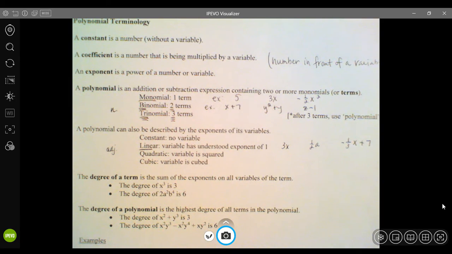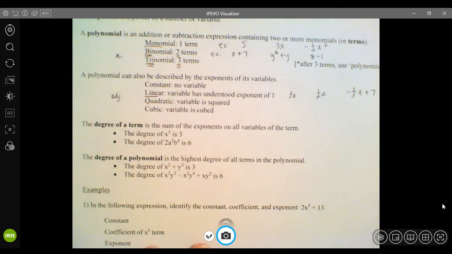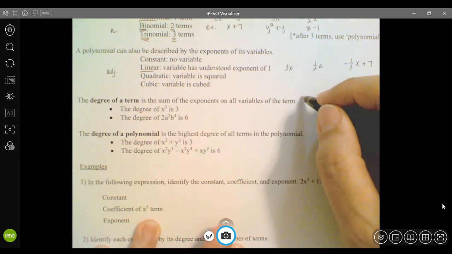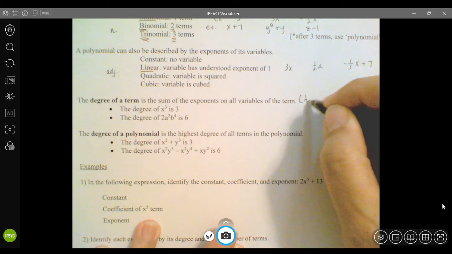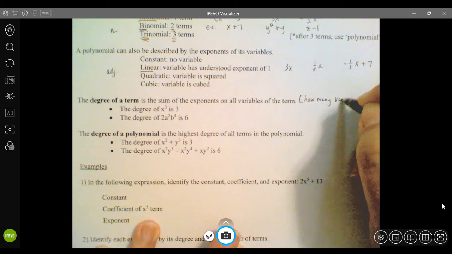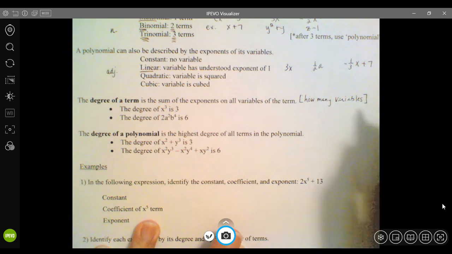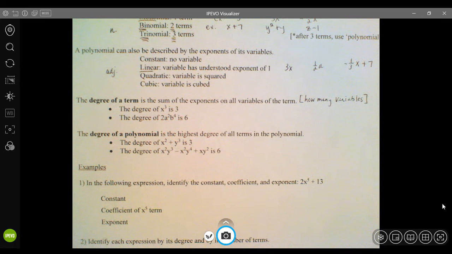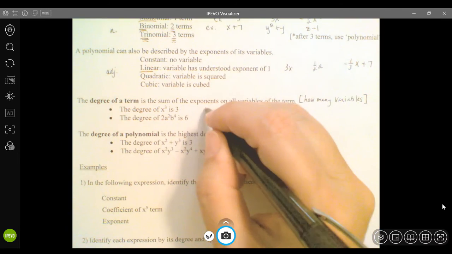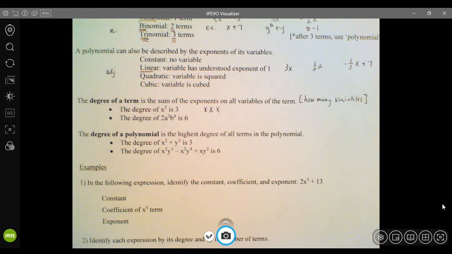The degree of a term is the sum of the exponents on all variables of the term. Basically, I just want to know how many variables there are. The degree of x cubed is 3. Think of it: x times x times x. That's what it is when you expand it, correct?